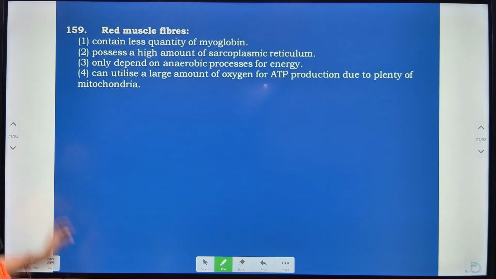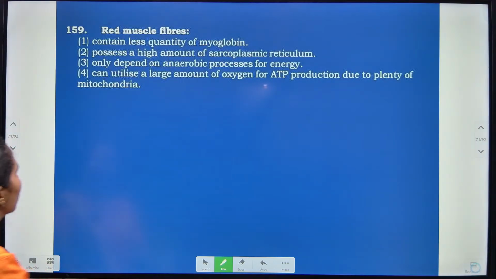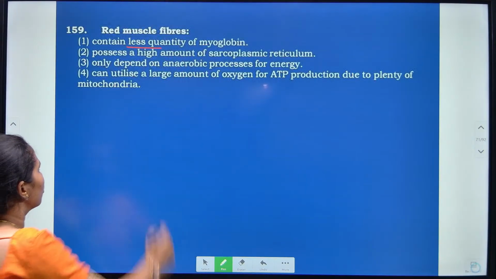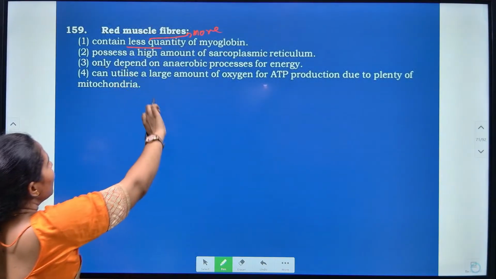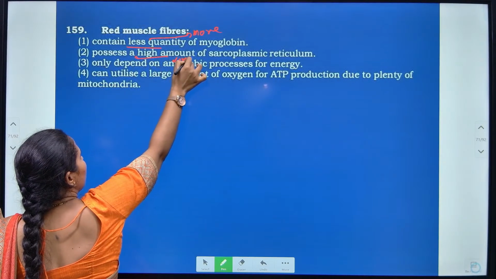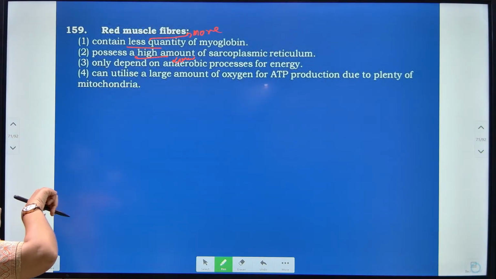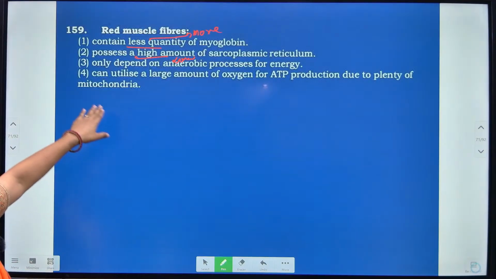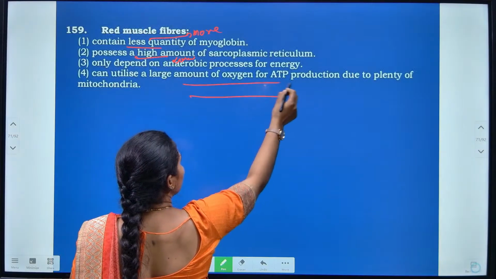Yes, the red muscle fibers contain less quantity of myoglobin? No, they do not contain less quantity, there is more quantity of myoglobin here. This is more, it is not less. Possess a high amount of sarcoplasmic reticulum? It is not high, but a low amount of sarcoplasmic reticulum. Only depend on anaerobic process for energy, or can utilize a large amount of oxygen? As these are muscle fibers, yes, they utilize oxygen for ATP.